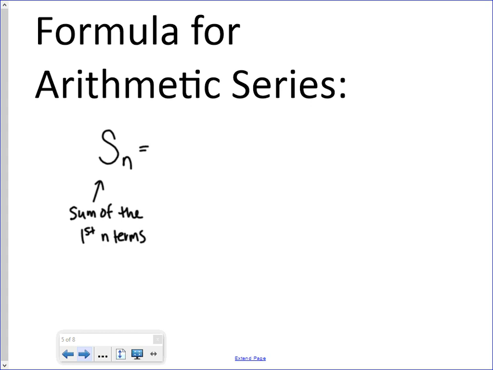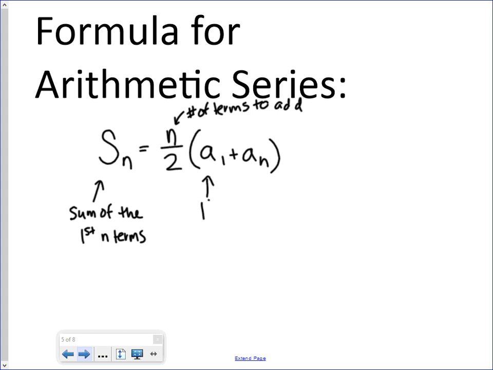And that formula looks like n divided by 2 times the quantity a sub 1 plus a sub n. So n is the number of terms you want to add. And then in this quantity here, we have the first term and also the nth term, which is going to be the last term that you want to add.